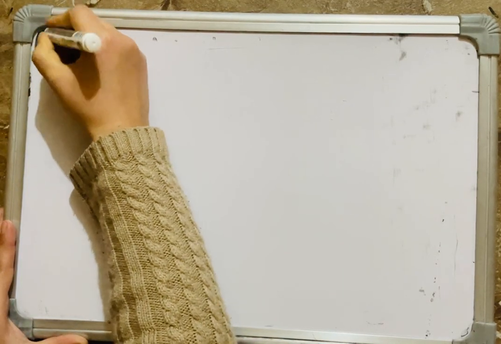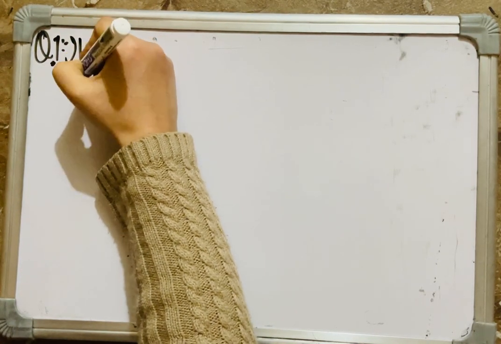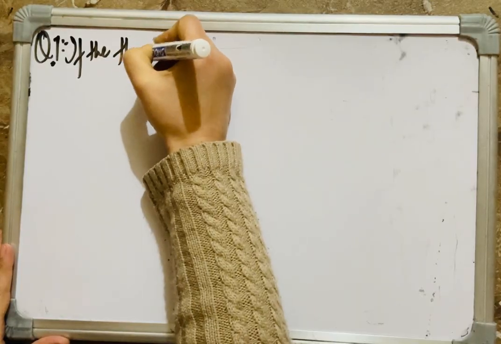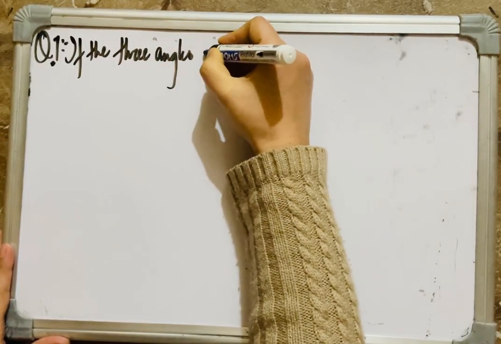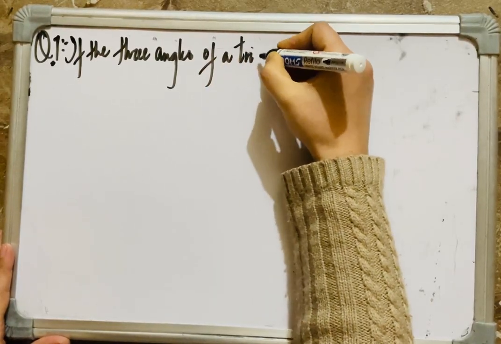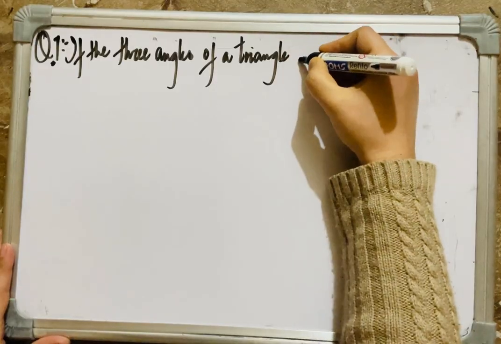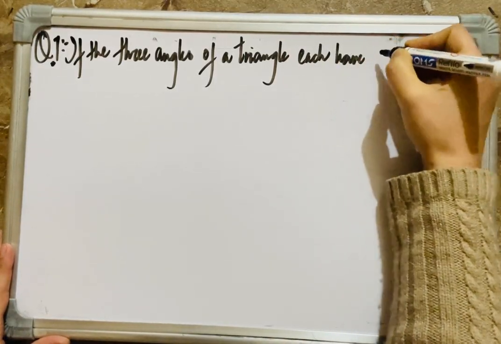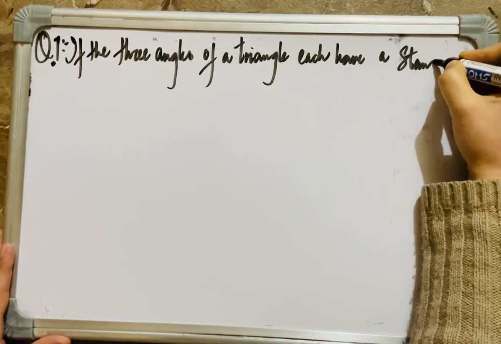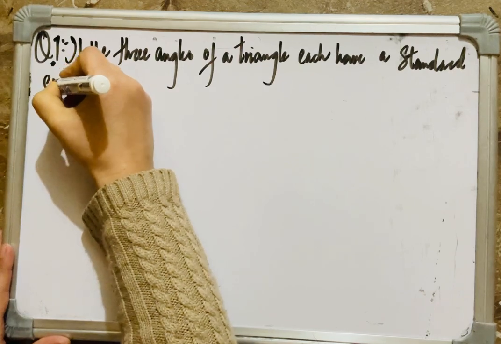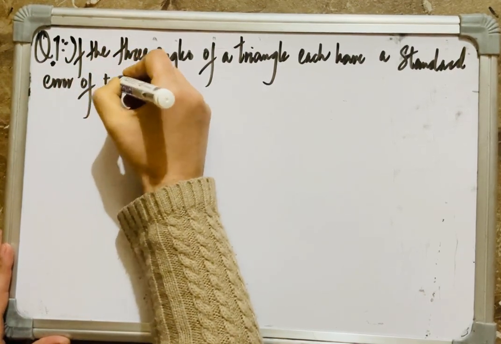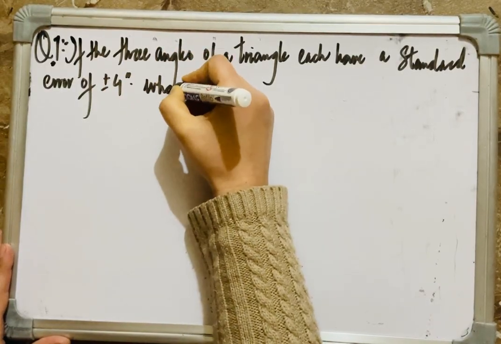All right, question number 7. It's this: if the three angles of a triangle each have a standard error of plus minus 4 seconds, what is the total error in the triangle?